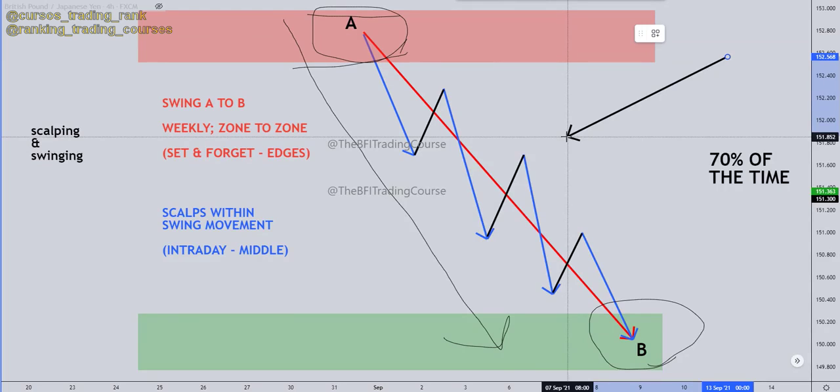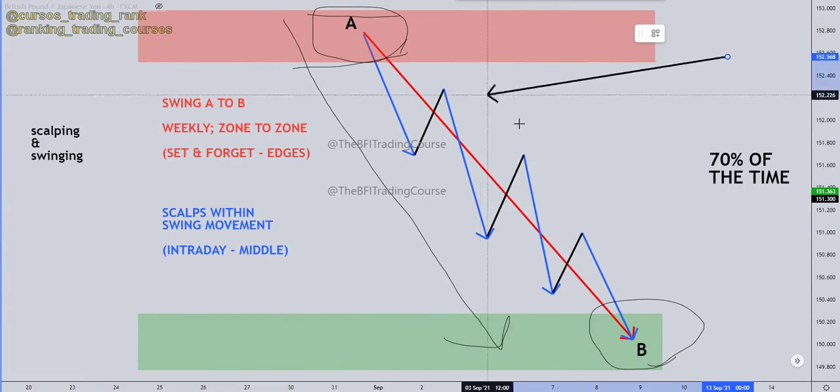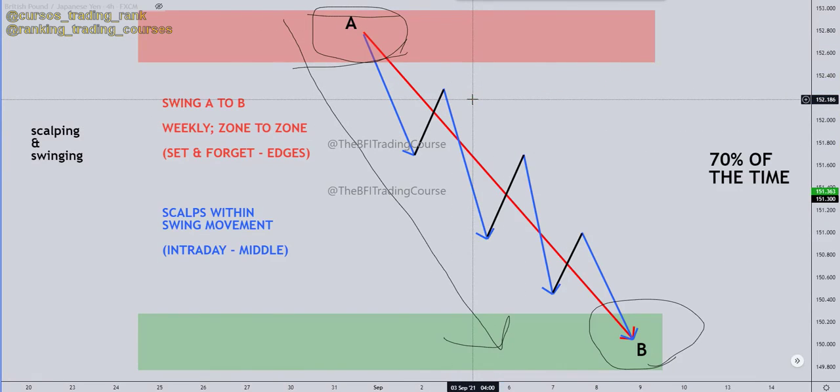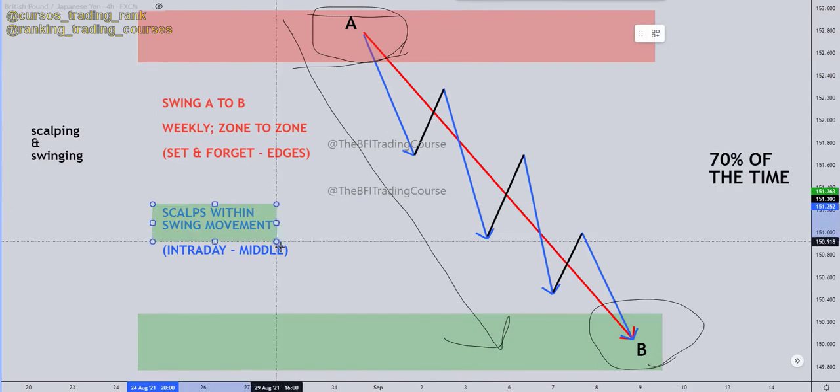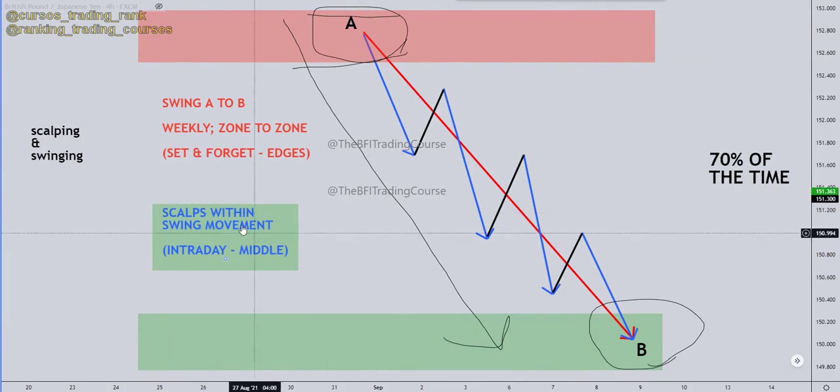And they never graduate to swinging, which is just clicking at the weekly zones and being patient, which is a whole other world. But you can learn how to do this and take a zone 4 hour from zone to zone on a 4 hour. It could just be an intraday movement, but a trade is a trade.